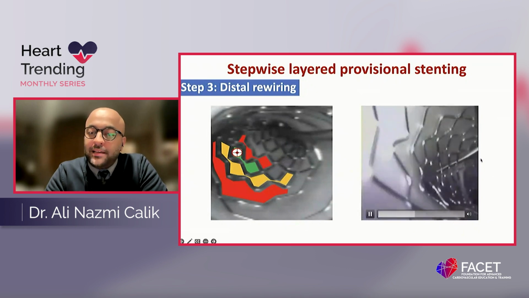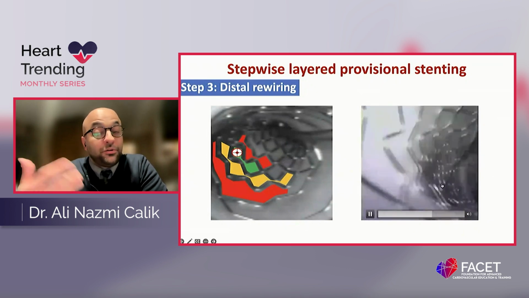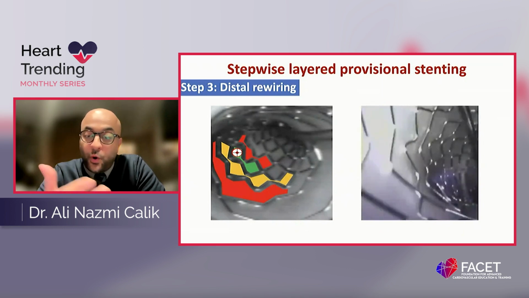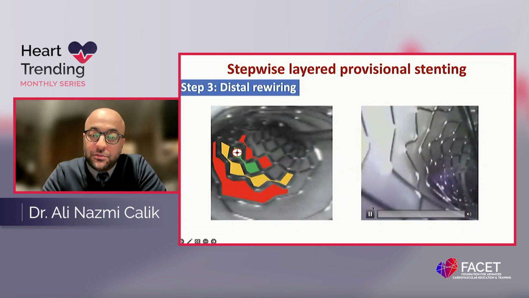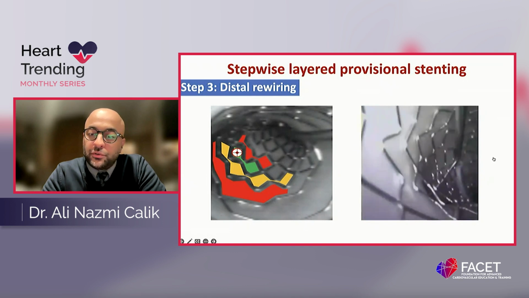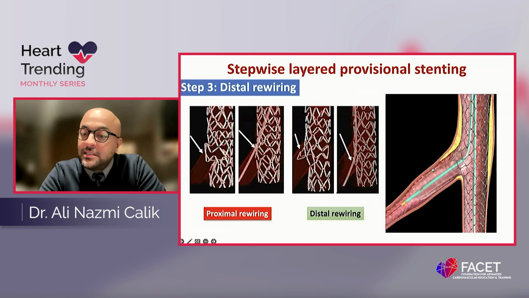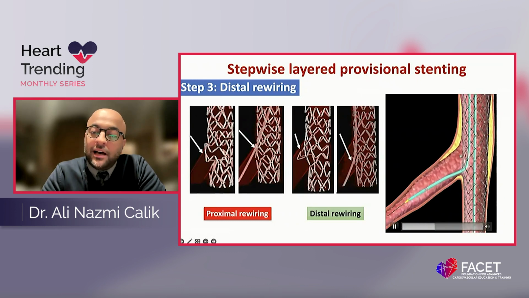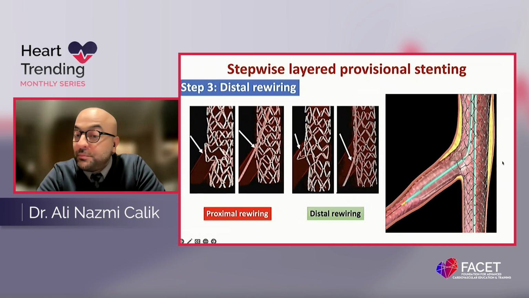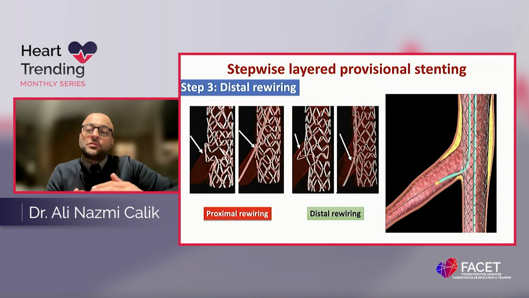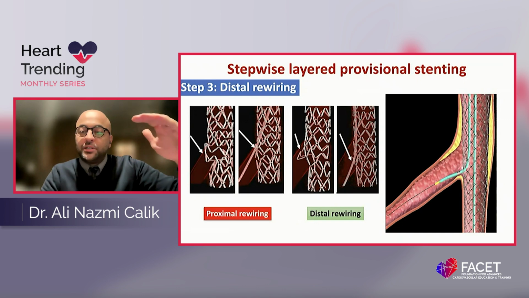You pull back the main vessel wire, or you can use a third guide wire, and you see we have to go through the distal strut, because, as shown on the right-hand side of the picture, it will push the stent struts towards the roof of the side branch ostium.